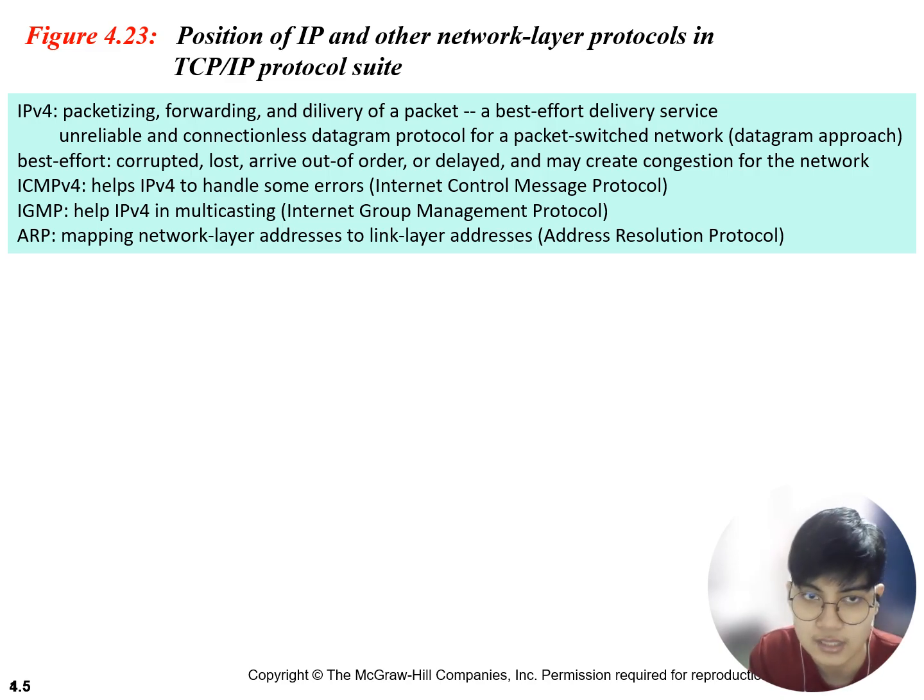ICMP helps IPv4 to handle some errors. IGMP is the Internet Group Management Protocol, which helps in multicasting. ARP maps a network address to a link layer address.